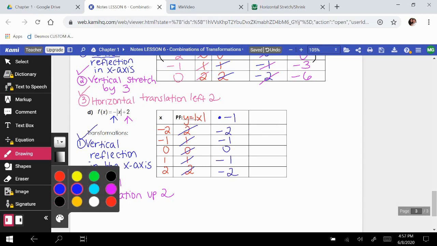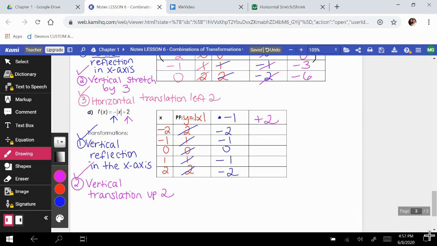And then in order to get a vertical translation up 2 to occur, we are going to need to add 2 to all of the y values. Okay, and there we go. Those would be our ordered pairs: -2, 0, -1, 1, 0, 2, 1, 1, and 2, 0.